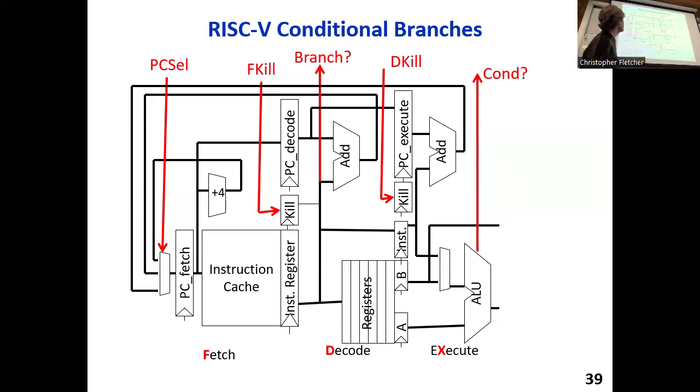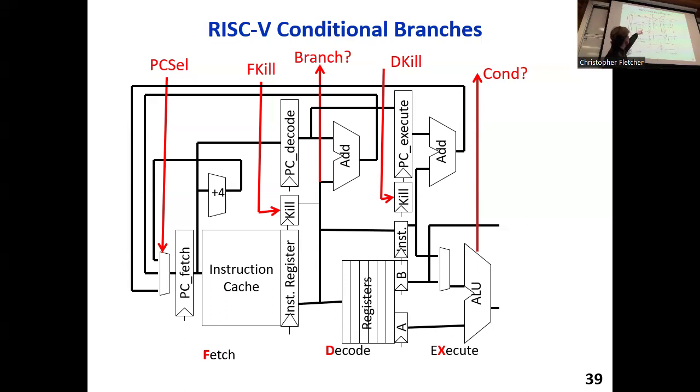So for a branch, there's three things that we need. We need to know if it's a branch. This becomes available in decode like with every other instruction. We need to know what the condition of the branch is, whether it's a taken branch or a not taken branch. And there's one more thing that we have to know, which isn't shown explicitly in red on the slide, which is what the branch target location is.